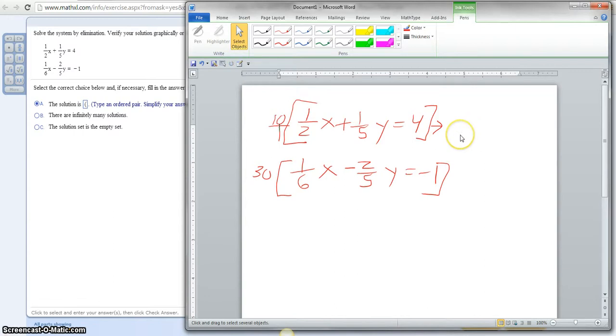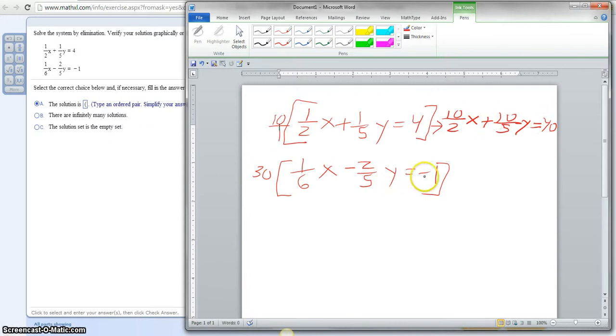I'm going to write this out as the fraction. So we have 10 over 1 times 1 over 2, which will give us 10 over 2 x. 10 over 1 times 1 over 5 y will give us a positive 10/5 y. And 10 over 1 times 4, we know 10 over 1 is 10, times 4 is 40. So we know all of this will equal 40.